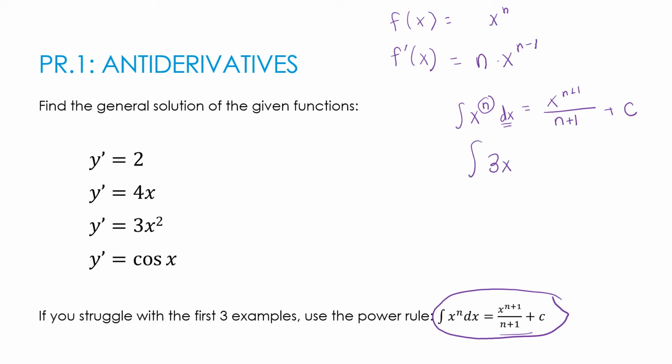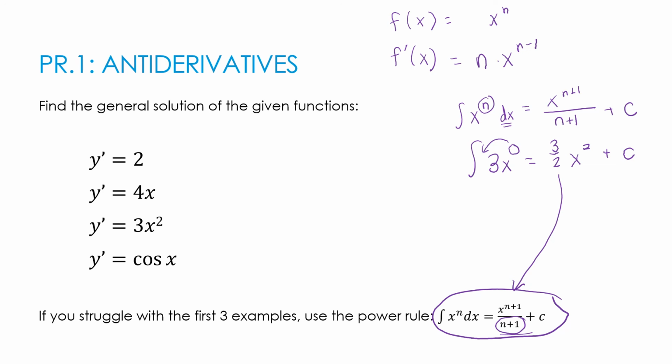When I integrated it, I said there must have been a 2 here, and this must have been 3/2 in order to make that work. We didn't worry about the plus c at that point. But again, without even knowing it, we used the power rule because we increased the power by 1, and then of course divided by whatever that power was.